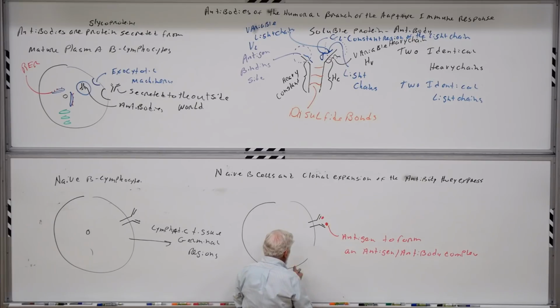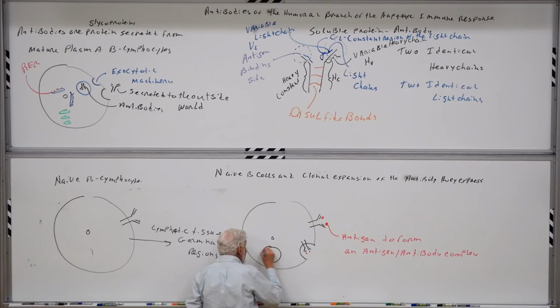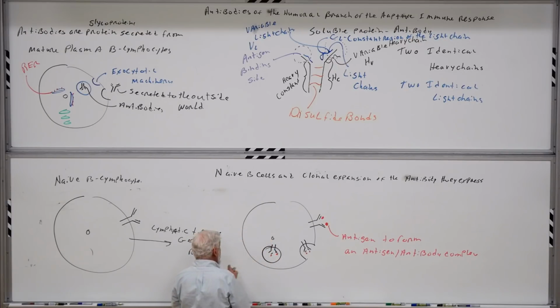It starts the process of bringing that antigen antibody complex into the cell. The vesicle containing the transmembrane protein of the antibody with the antigen attached goes to the lysosome.